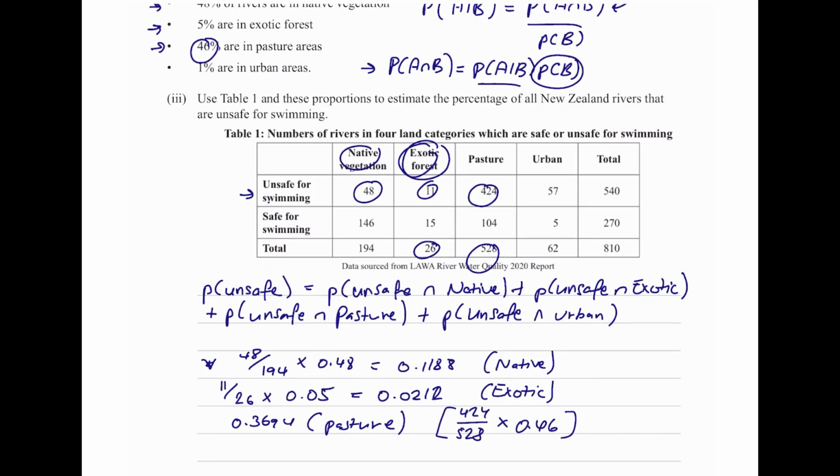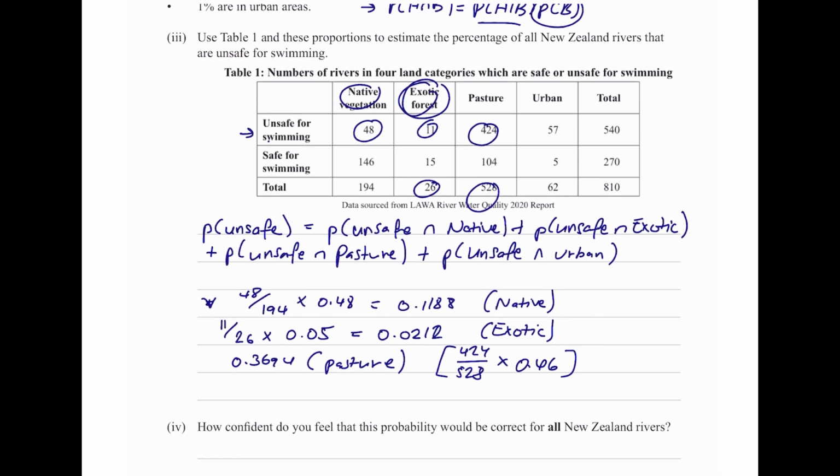Okay. And the last one is urban. So 57 over 62 multiplied by 0.01. That is a very small probability, which is 0.00919.